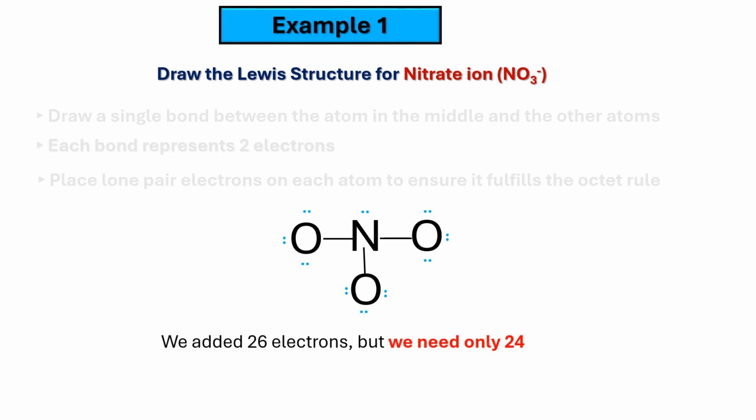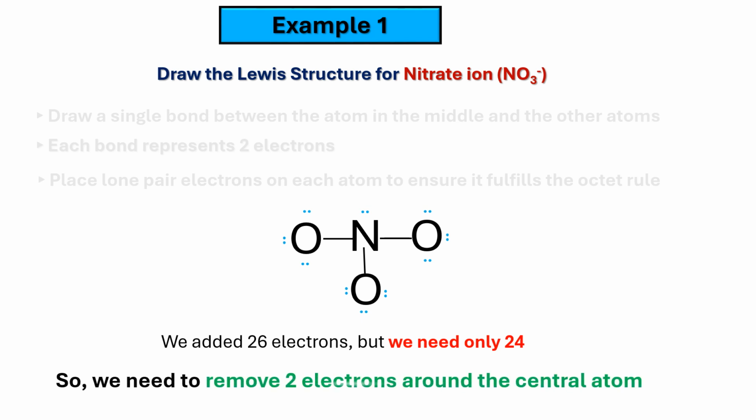When we count the electrons, we found 26 electrons that we have added, but we needed only 24, so we have 2 electrons extra. So we need to remove 2 electrons from the central atom, from the nitrogen. So we remove those 2 electrons.